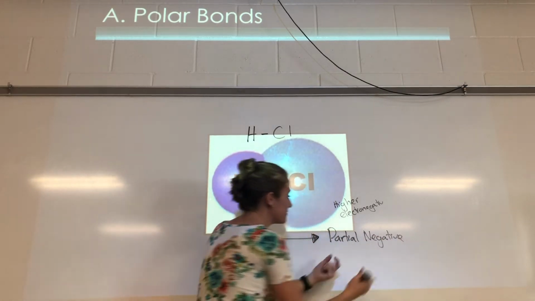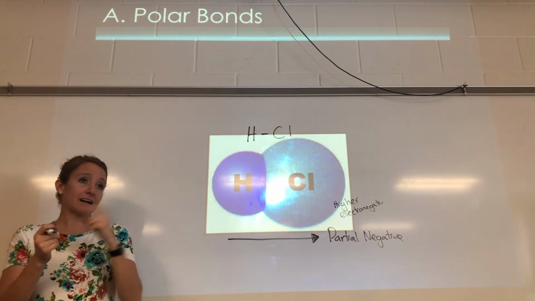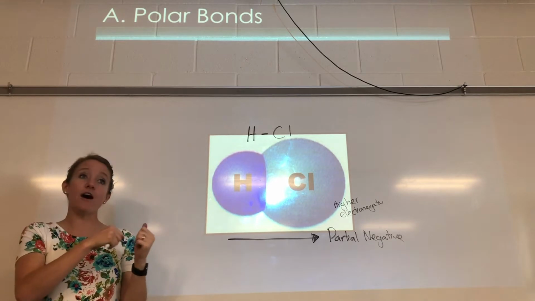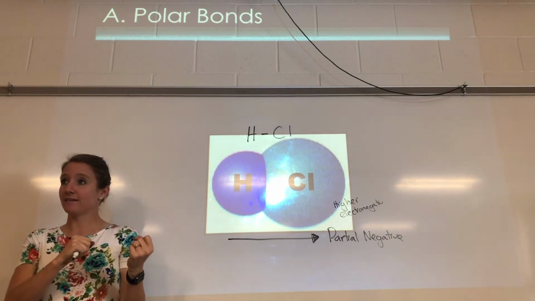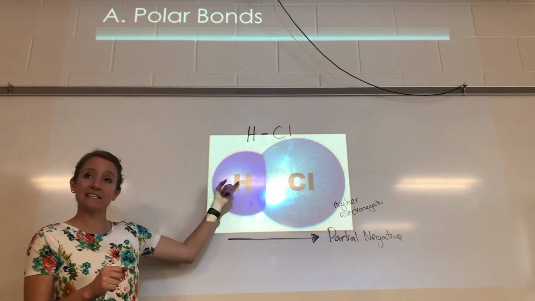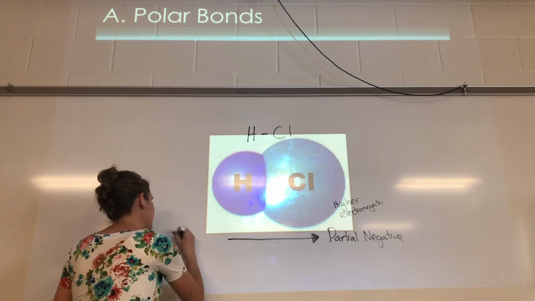Now the reason I use the word partial is because it's still being shared. Chlorine didn't rip the electrons off of hydrogen, but it is pulling them away. Now, if hydrogen is losing electrons, what charge is it going to become? Positive, right? And once again, it's just a partial.